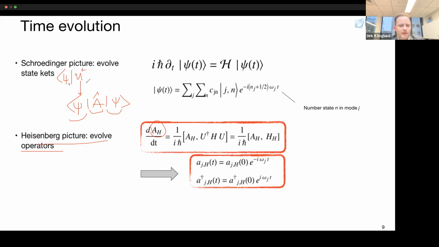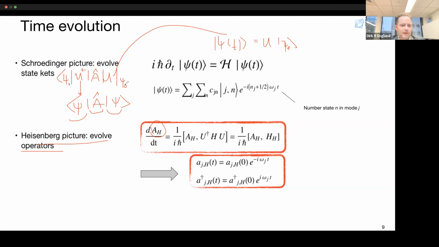I have to do dagger here because if we write that psi at an arbitrary time t is equal to the unitary evolution operator times the initial state psi naught, and plug that in here, then what we have is this, on psi naught.